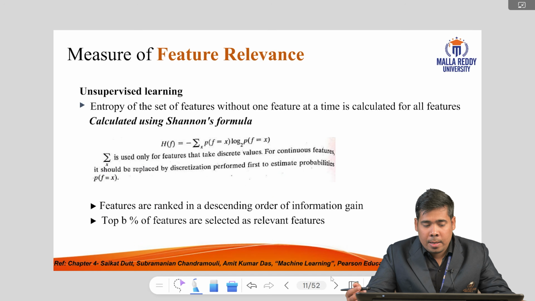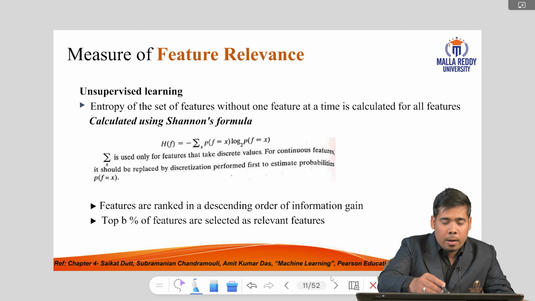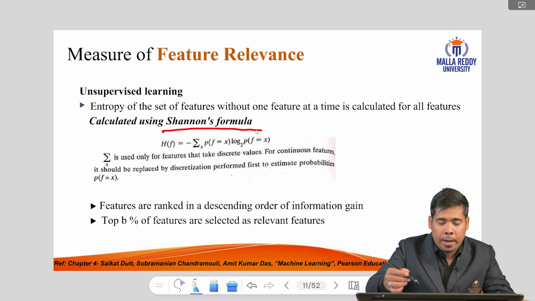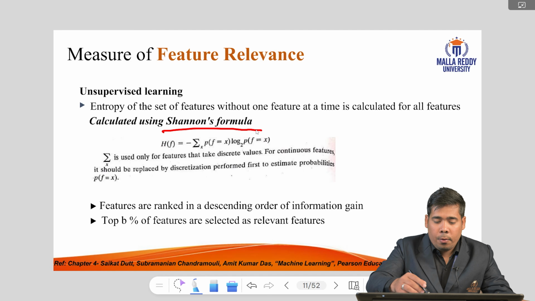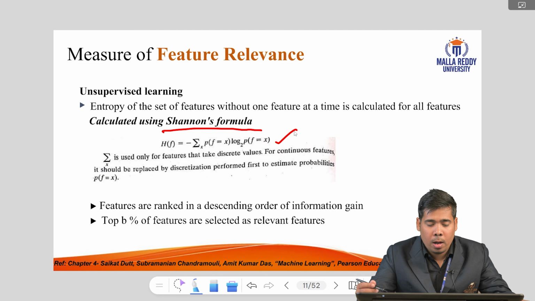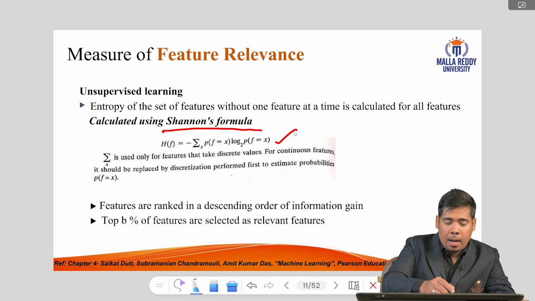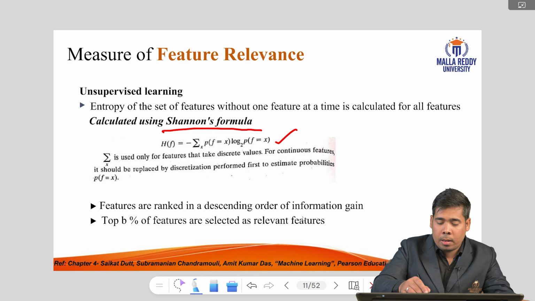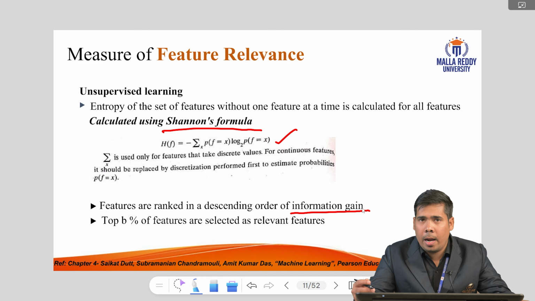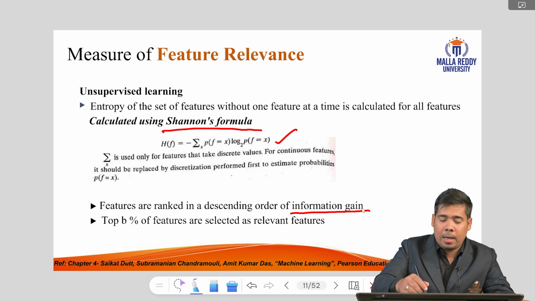In unsupervised learning, we use information gain or entropy to find the feature relevance. With the help of Shannon's formula, we can calculate feature relevance. This is the formula. With its help we calculate feature relevance, and features are ranked in descending order of information gain, and by specifying some percentage, we can select the relevant features.